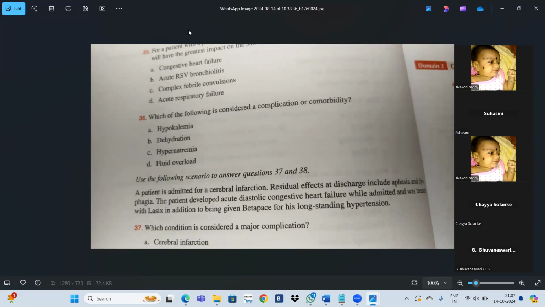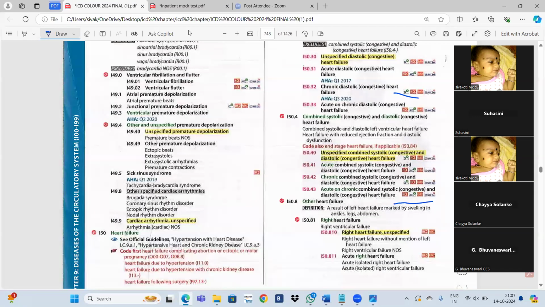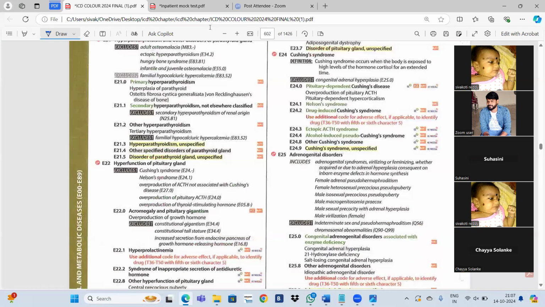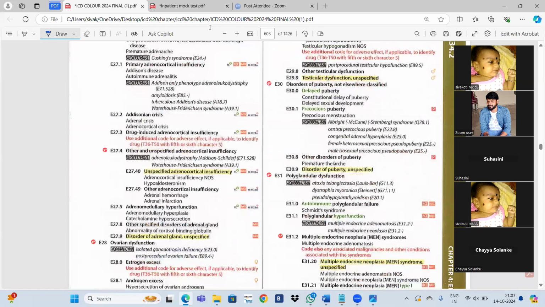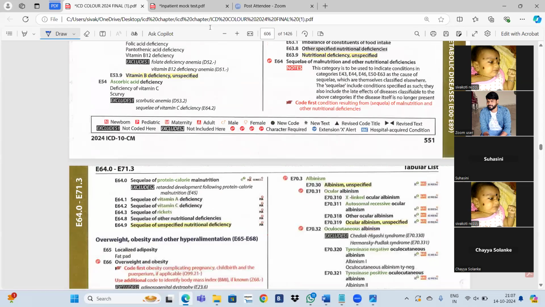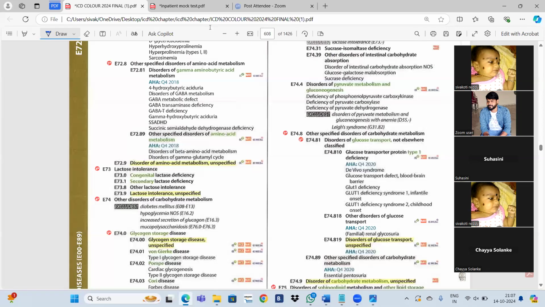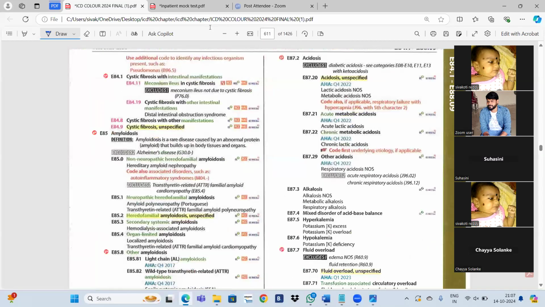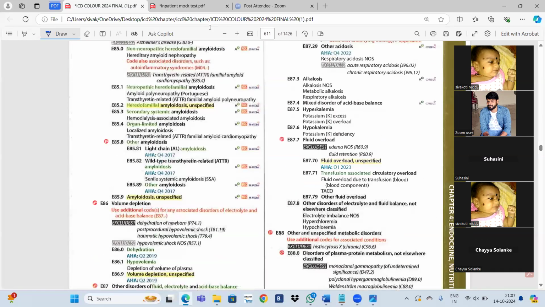So all of you have knowledge, you can tell me. Hypokalemia, what is the code? E87.6.